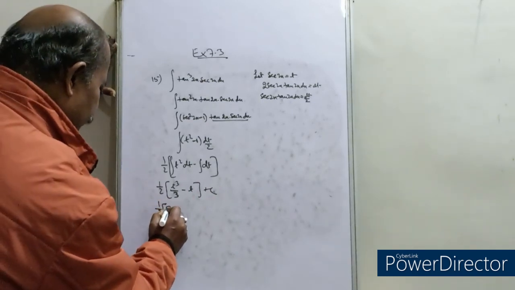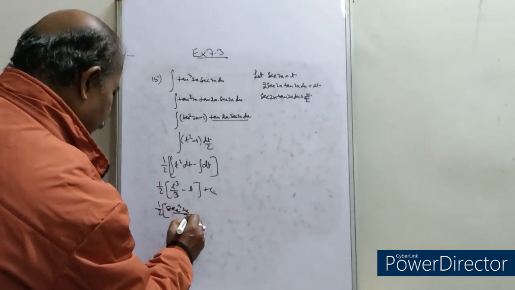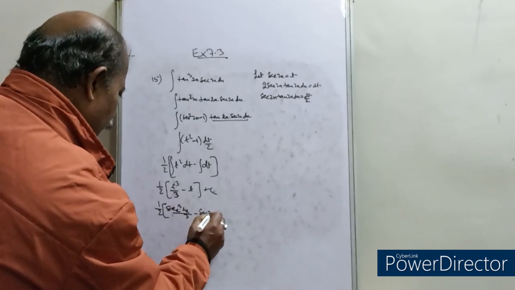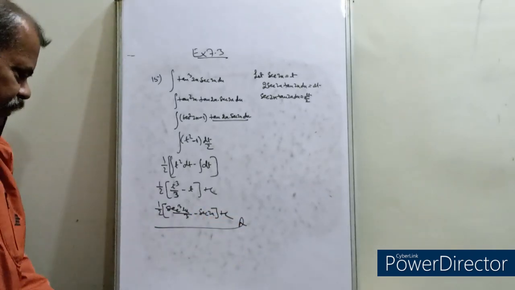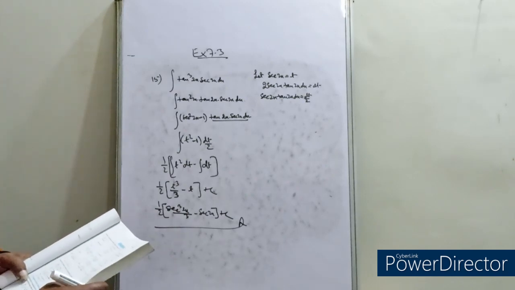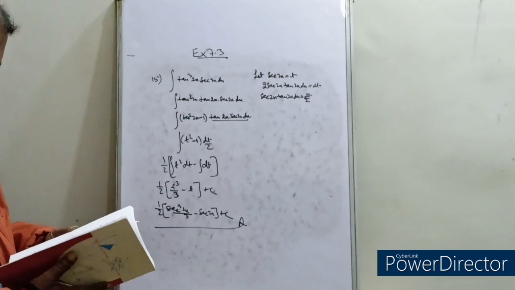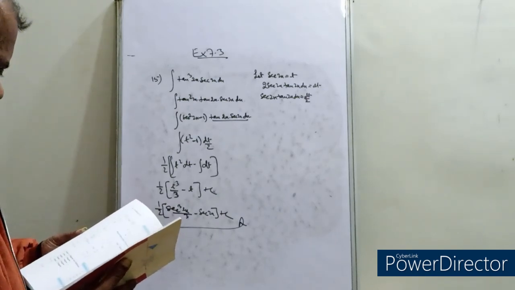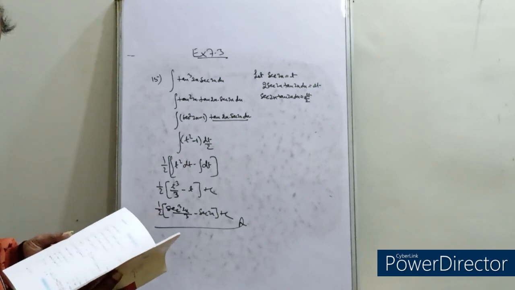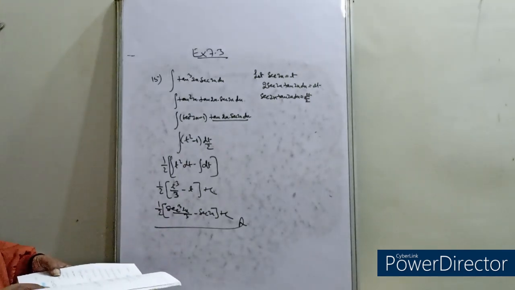So this is sec cube 2x by 3 minus sec 2x plus c. This is your answer. So let me check the answer, question number 15. This comes out to be question number 7.3, question number 15. That is, it is correct.